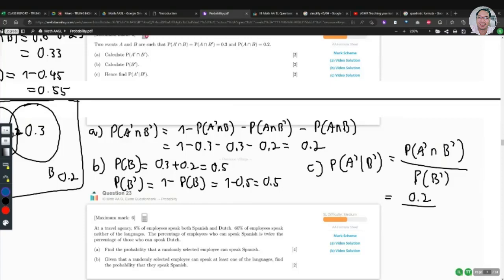They are found, yeah. 0.2 and 0.5. 0.2 divided by 0.5 is 0.4. Yep.